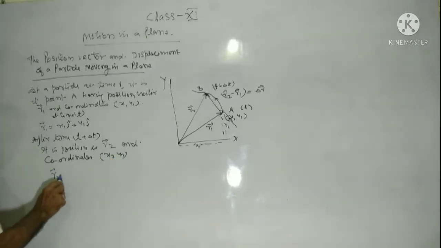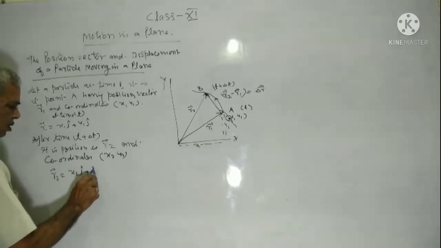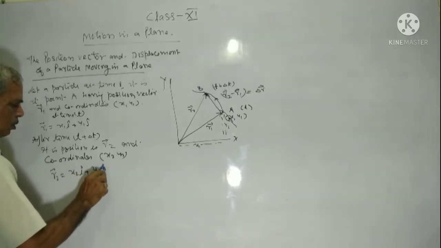Then R2 is equal to x2 i cap plus y2 j cap.